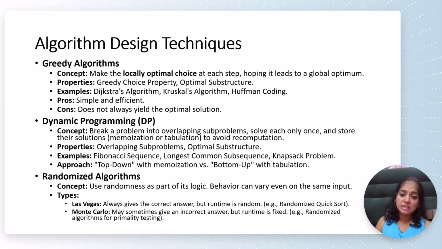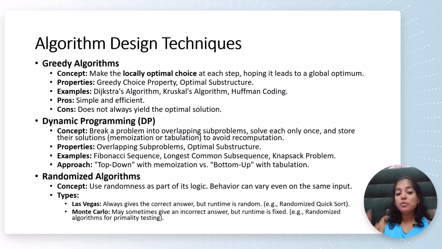of the subproblems in a table, which we call memoization or tabulation, so that you do not need to recompute them. For example, in the Fibonacci series, if you need to calculate Fibonacci 4, then you go for Fibonacci 3 and Fibonacci 2. Then Fibonacci 3 is again Fibonacci 2 and Fibonacci 1.